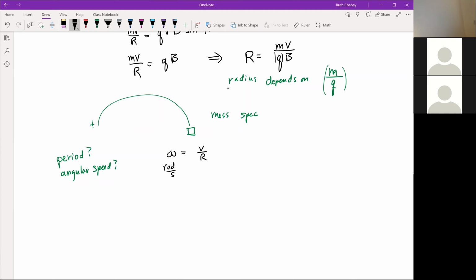Where does that come from? Well, the distance it travels, 2 pi r, one complete orbit, is equal to its speed times the period, the time it takes to get around. So 2 pi r over v equals the period. The angular speed is 2 pi over the period. So that's 2 pi divided by 2 pi r over v, and that gives us v over r.